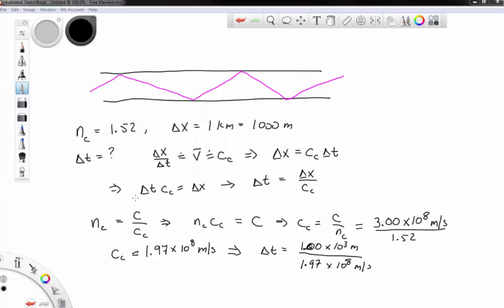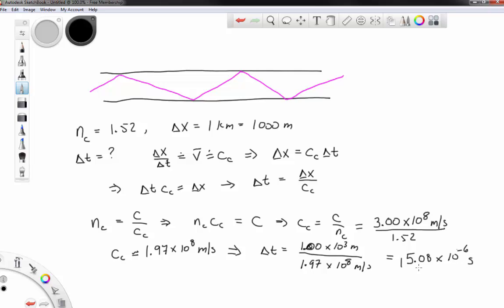So that is equivalent to saying 5.08 times, now we've got to figure out what our power is going to be. So to make it 5.08, we've already reduced this from 10 to the 3rd to 10 squared. Now we're dividing that by 10 to the 8th, so we end up with 10 to the minus 6 seconds.